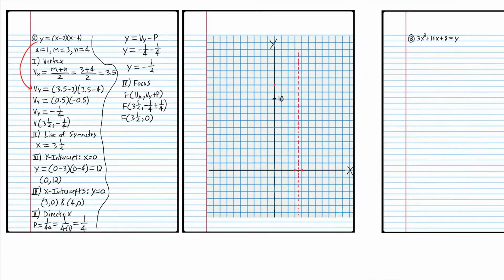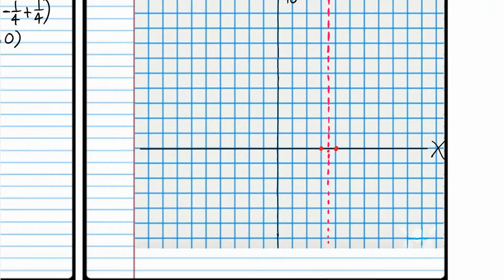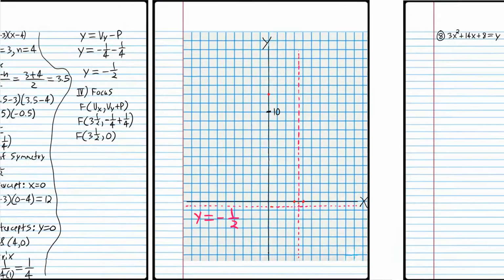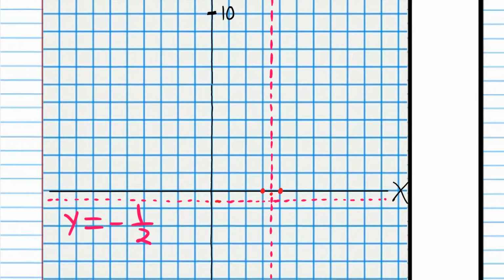Directrix is negative 1/2. So that's going to be about here, and I can go ahead and write the equation. Y equals negative 1/2. And focus is 3 1/2 and 0.